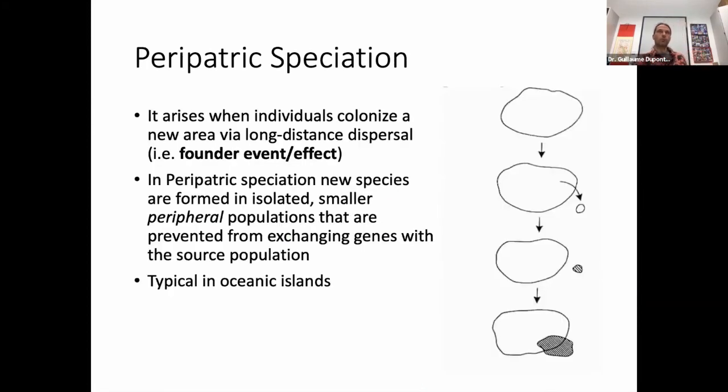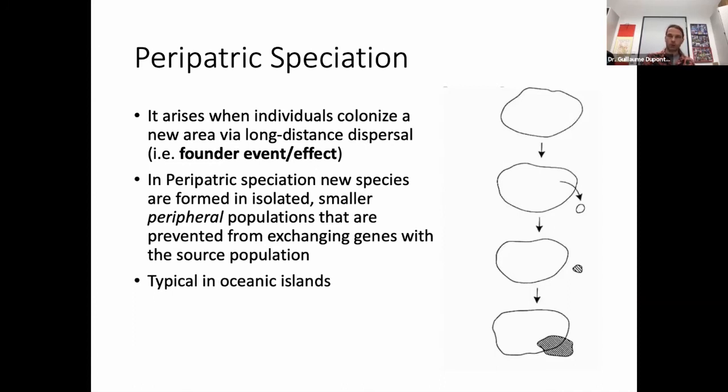So one form of allopatric speciation, which also goes back to Ernst Mayr, is peripatric speciation. It's the case where a small population or subset of a population leaves the range of occurrence and establishes a new population somewhere else outside the main range, a peripheral population.